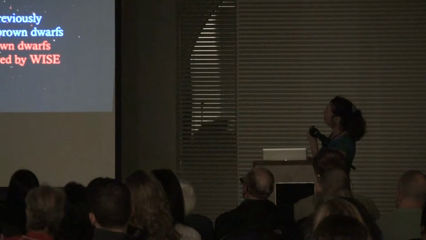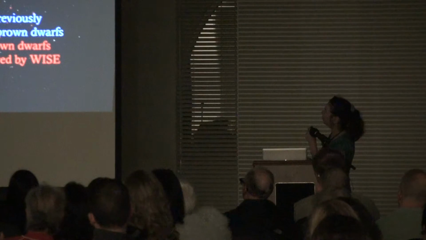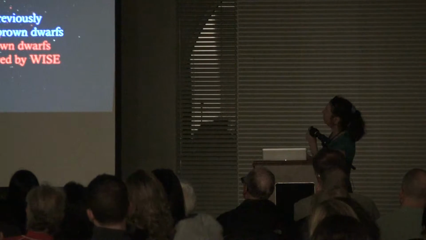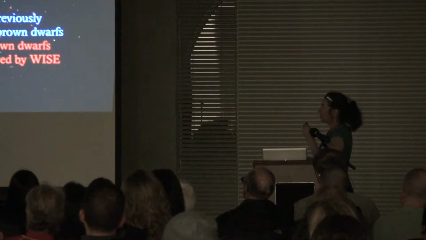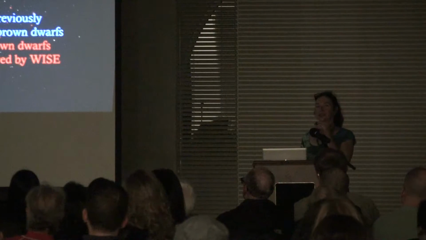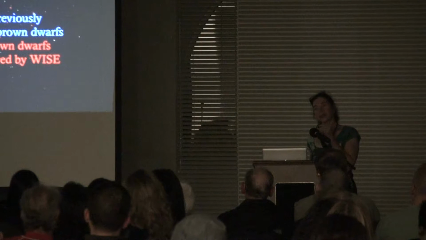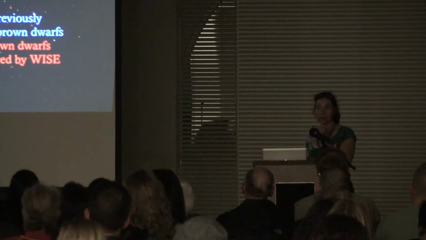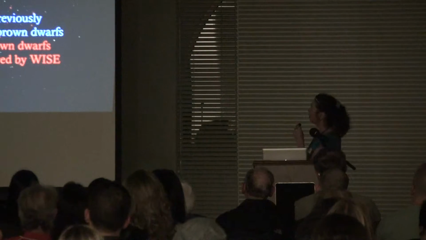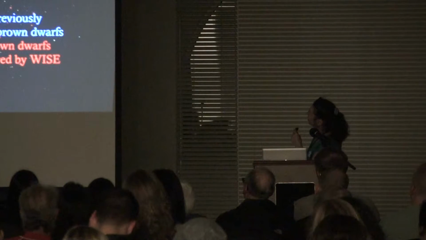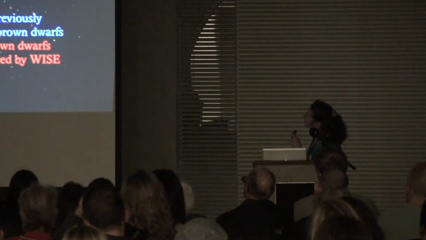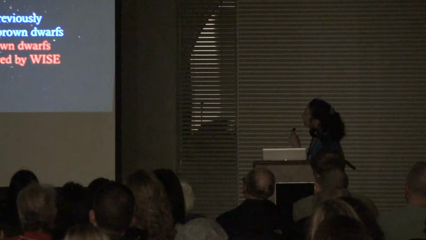And the red circles show all the very newly discovered brown dwarfs from this WISE satellite. So even as close as just tens of light years from our sun, there's this whole population of brown dwarfs that were just discovered a few years ago. That's how faint they are. And just to orient you, there are the Pleiades, and here's Orion's belt.